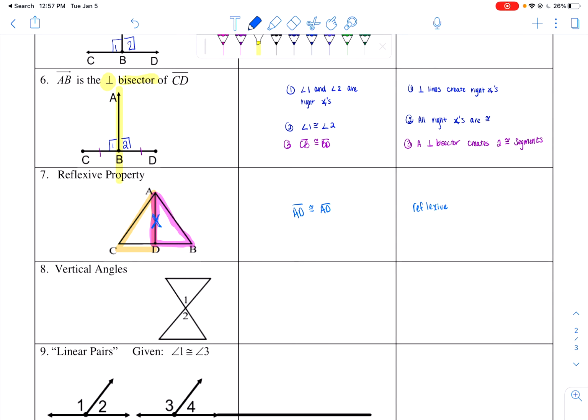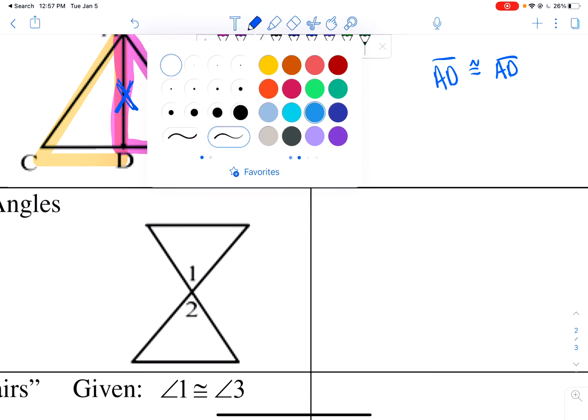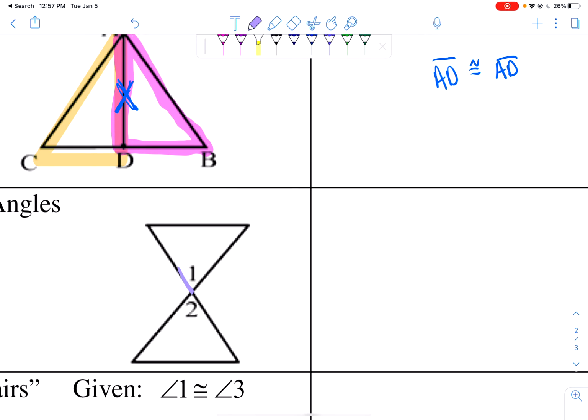Vertical angles. If you look right here, they're basically angles that are opposite of each other, and they always make this V pattern. So if you look right here, I have my angle 1 makes a V, and angle 2 sort of makes like an A. See right here how it makes that A?